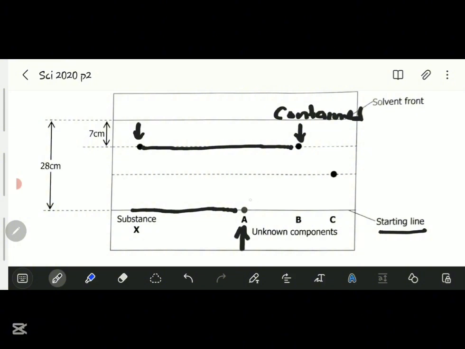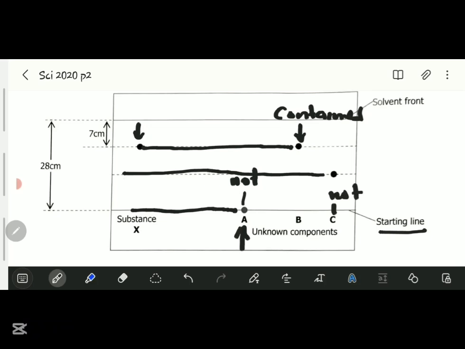So A is not contained. Okay, we now look for C. Even C, there is a line there and there is no dot under C. So C is also not contained.